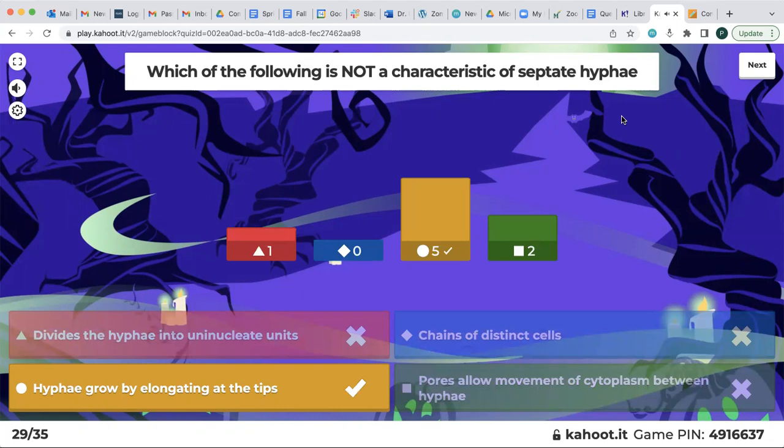Yep, that's not a characteristic of septate. The rest of them are. So if it's septate hyphae, the hyphae are divided into uninucleate units, distinct chains, and have pores.